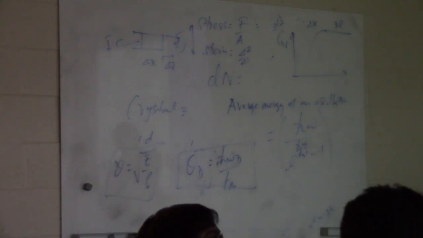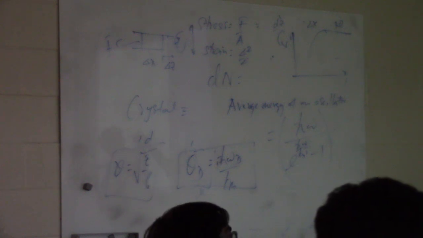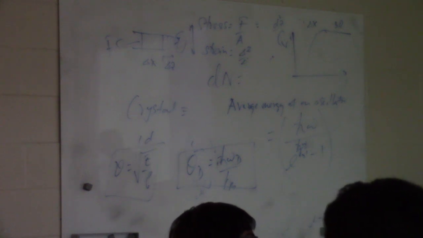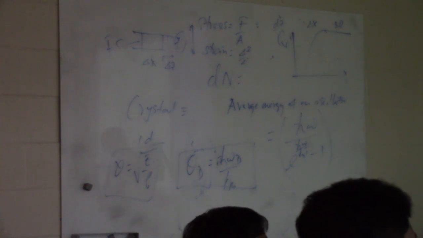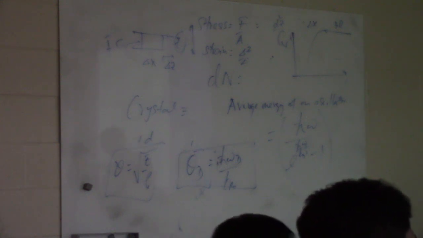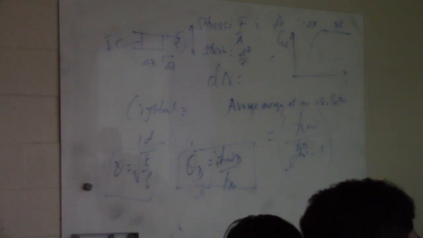Here are some of the Debye temperatures I mentioned. For diamond, the Debye temperature is very high. For soft materials like lithium and sodium, they are much smaller. Even lead is a soft metal.